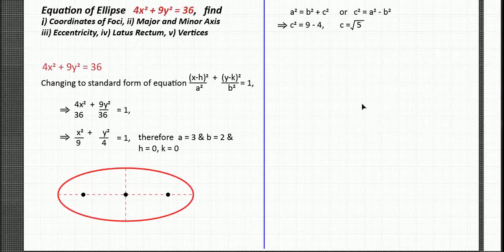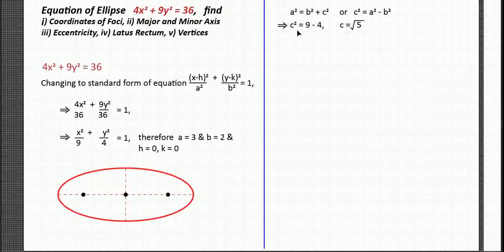Now how do we find the coordinates of the focus? By this equation: a square equals b square plus c square, where a is half the length of the major axis, b is half the length of the minor axis, and c is the distance of the focus from the center. a square is 9, b square is 4, so c square equals 9 minus 4, that is 5, and hence c equals root 5.